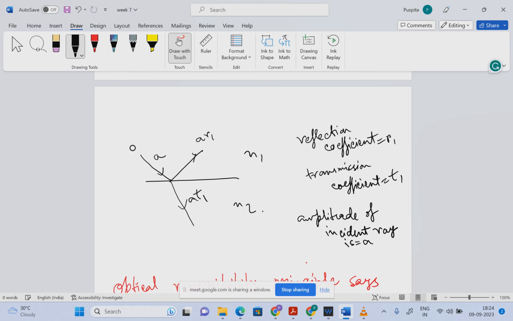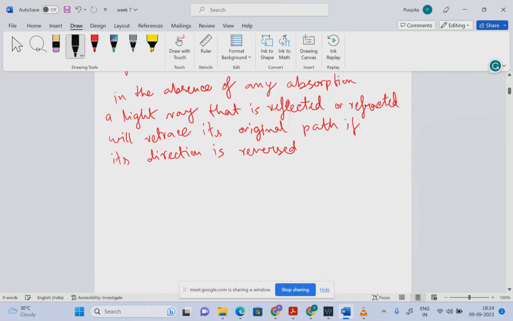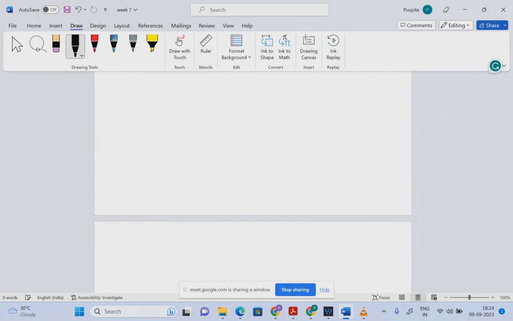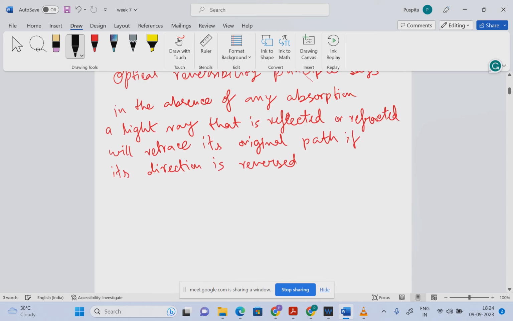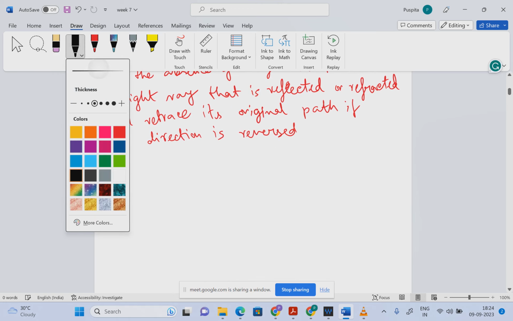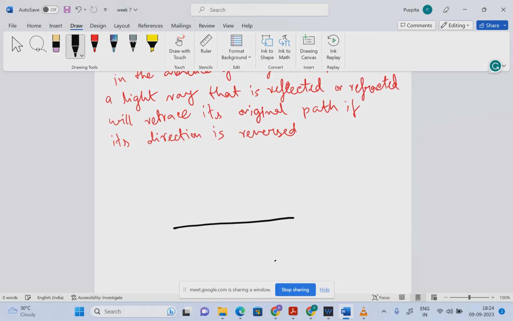Now we reverse the rays and consider a ray of amplitude A T1 incident on the interface. So our ray A T1 will fall on the interface of the medium.